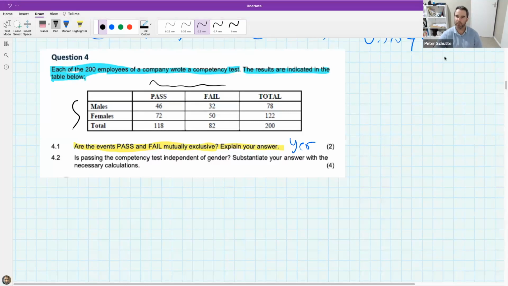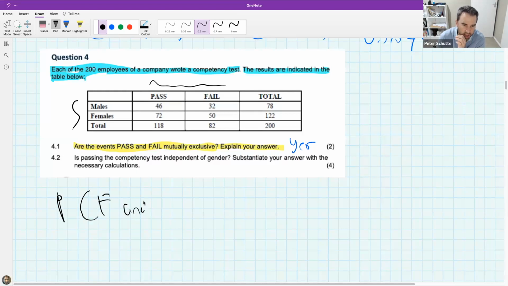Okay, I see a hand is up. So let's unmute Sate. What's your first step? So Sate, can you hear me? So my first step, I'm going to find the intersection between female and pass.